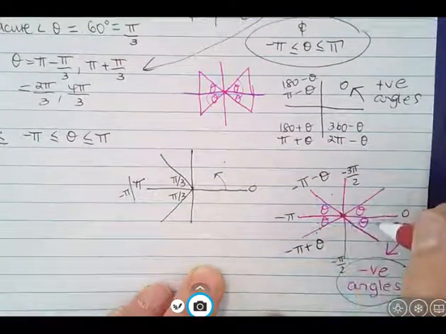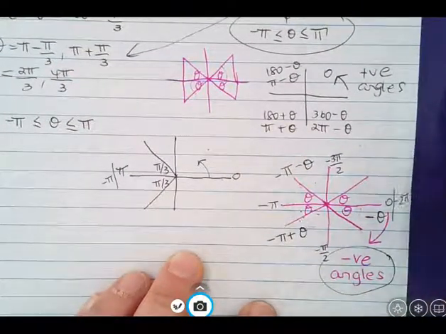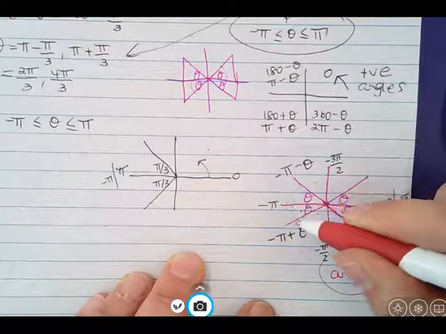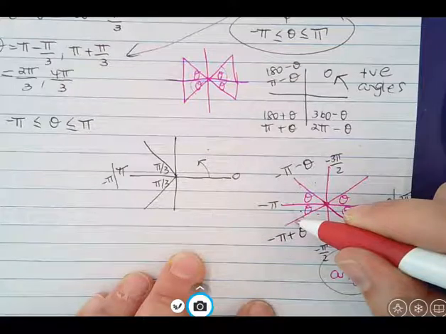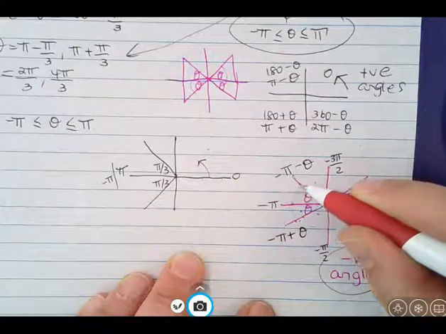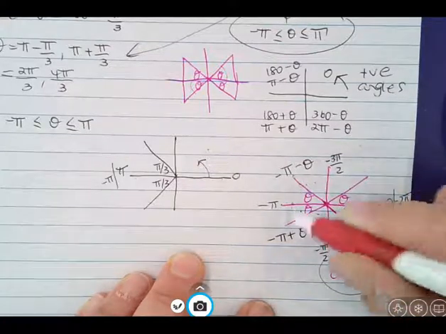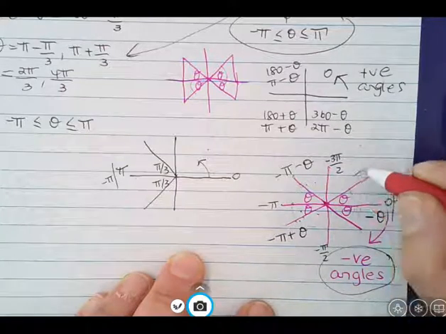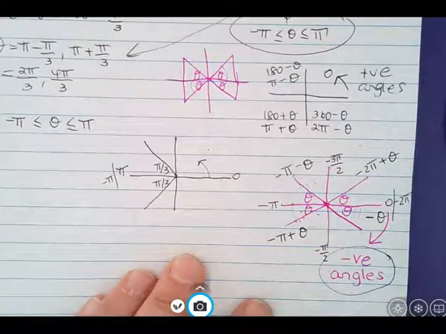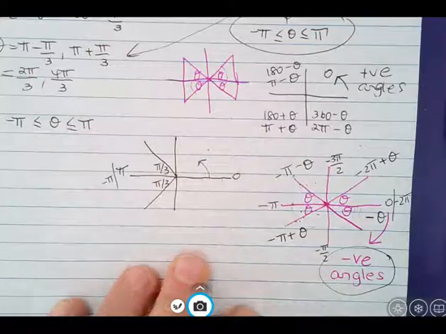So going clockwise, this would be negative 360. So you go negative theta, negative pi plus, I'm coming back in the positive direction for theta. The next, how do I get to that line? It's negative pi, and I'm still going in the negative direction, so it's negative pi minus theta. And the last one is negative 2 pi, come back for plus theta. Now, I'll do it with numbers in a minute, all right?